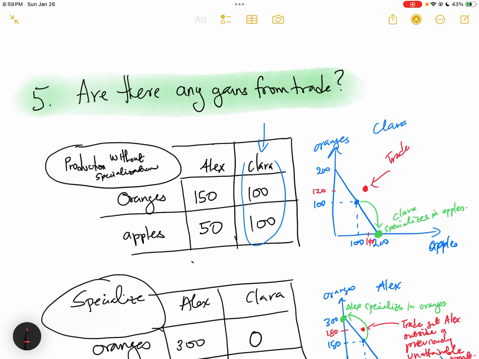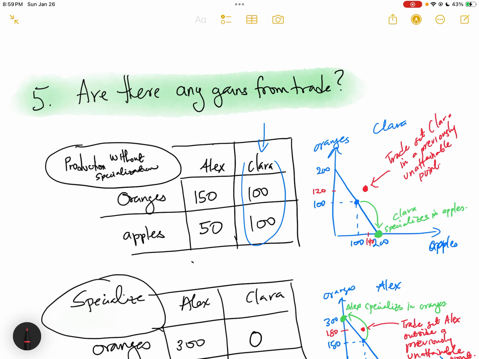So trade sets Clara in a previously unattainable point. This is a good thing.